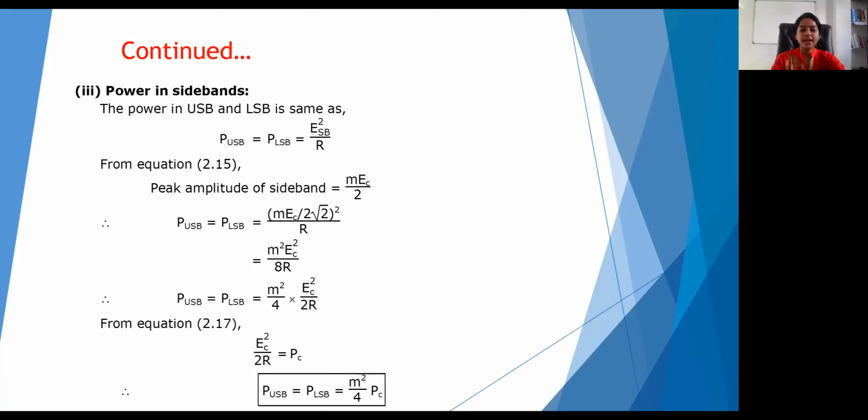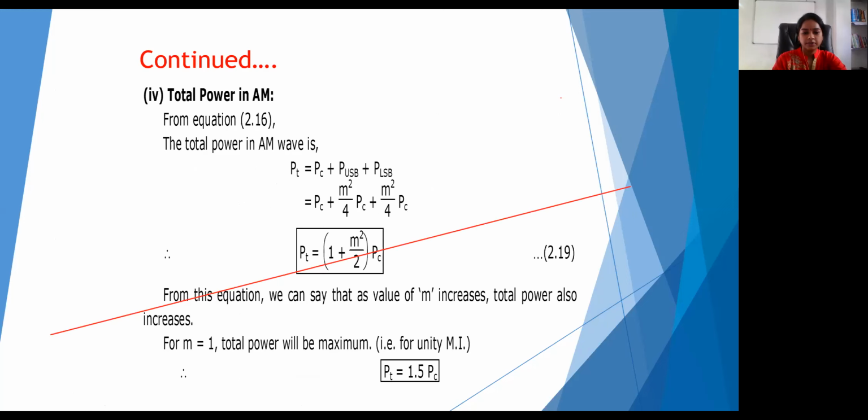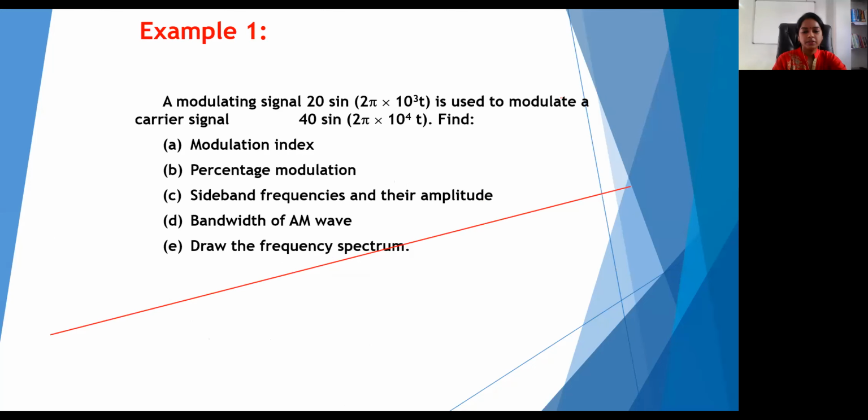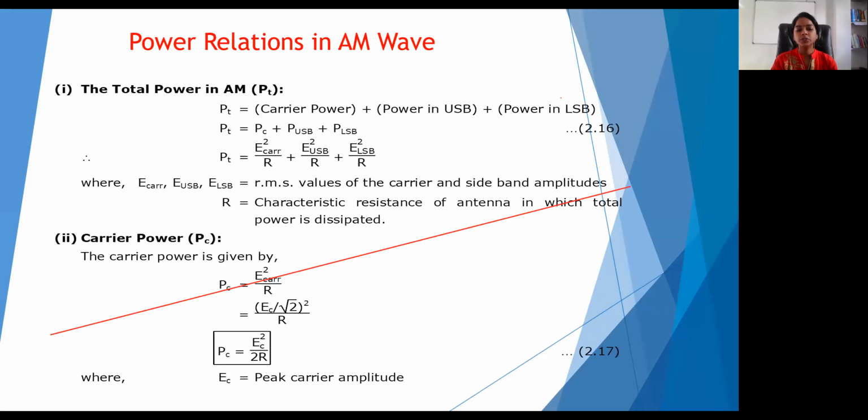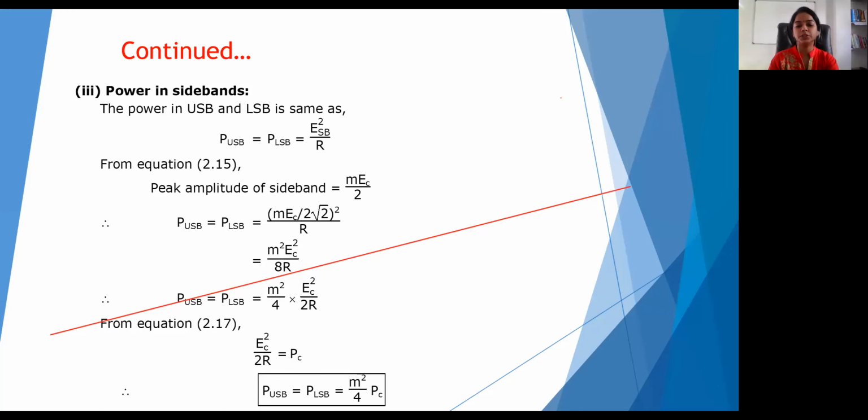Here the power in sidebands you have to calculate in the same way as we did earlier. Okay, so this is the power calculation for sidebands.